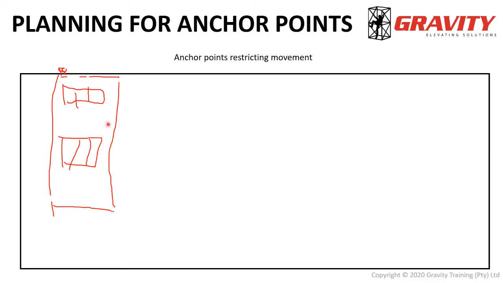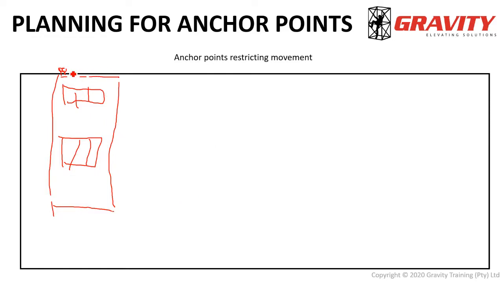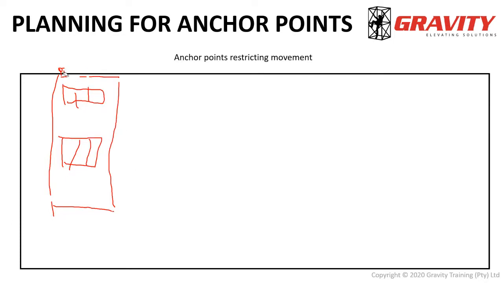So he won't be able to effectively and easily reach this side of the building to clean it or to do whatever he needs to do. So in that case, you have the option of installing, just erase those anchor points.